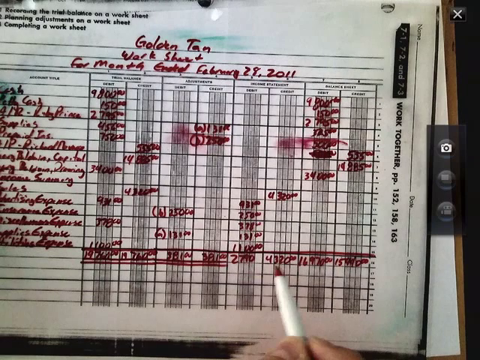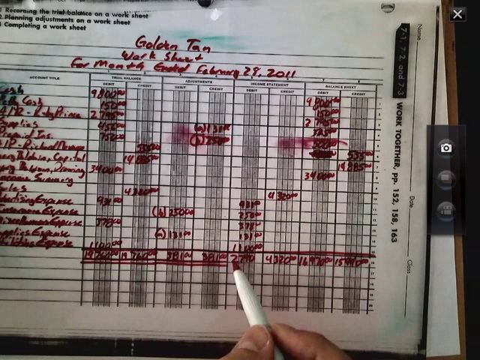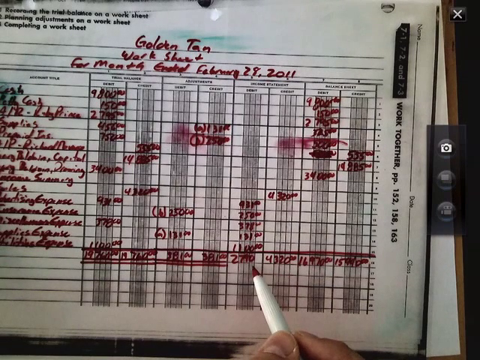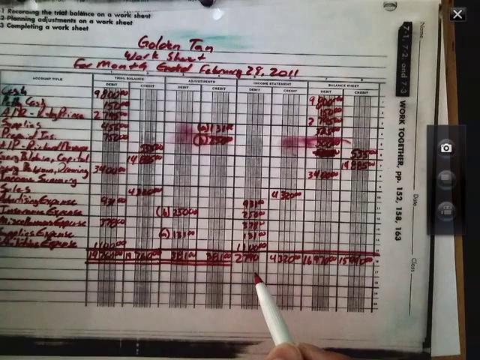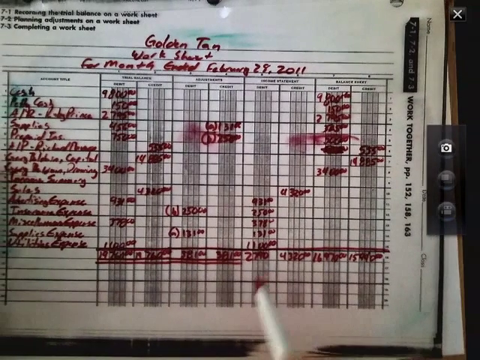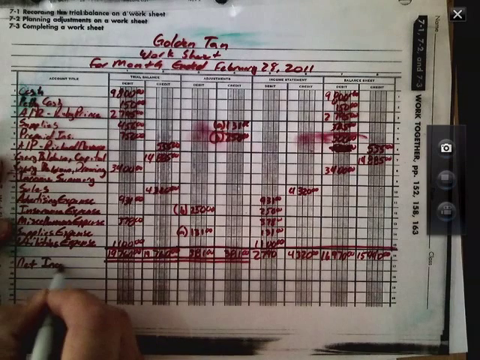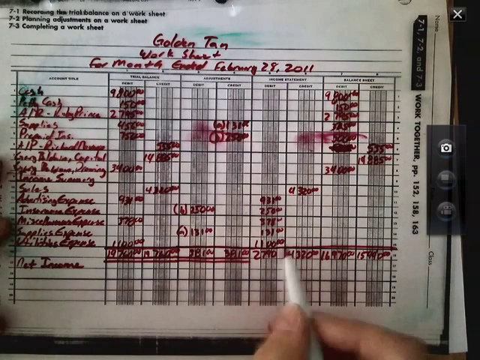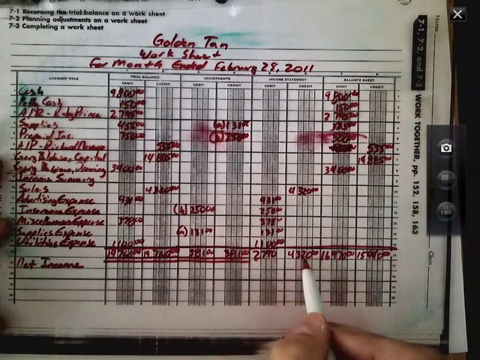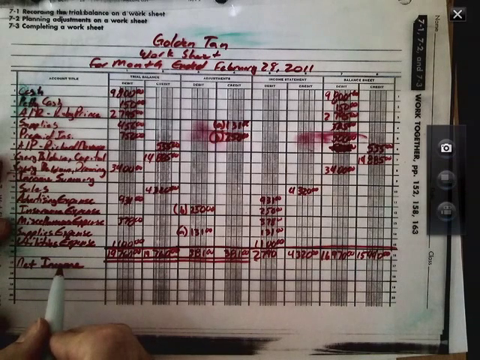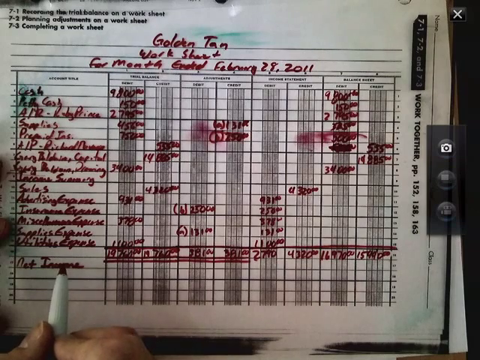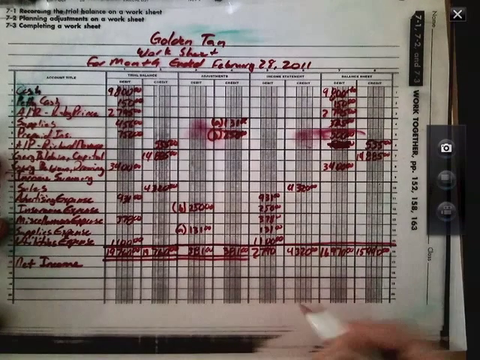Your income statement credit column is your income. So when your income is bigger than your expenses, did you make money or lose money? You made money. So this would be a net income. If your expenses are bigger than your income, this would be a net loss. Make sense?